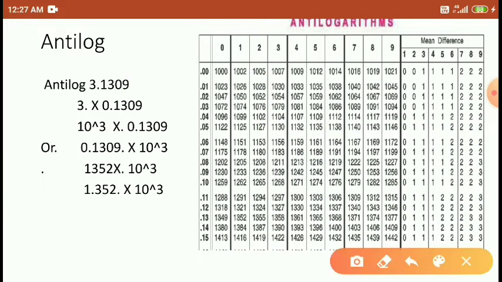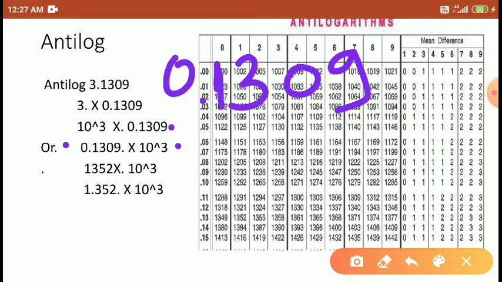Understood, friends? So this value is written in the form 0.1309 into 10 to the power of 3. Now we have to go for the value 0.1309.